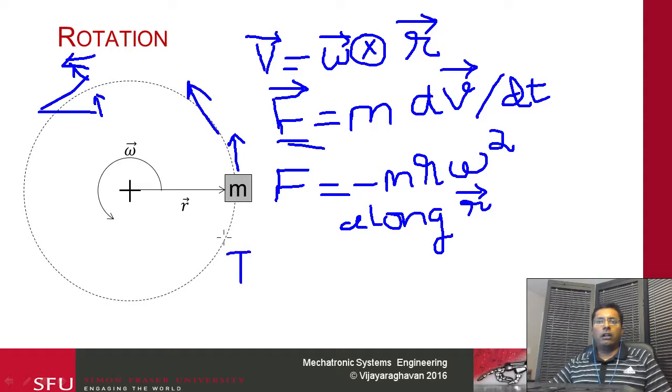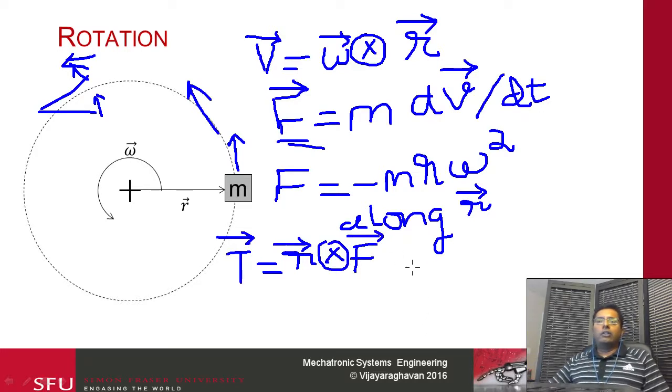If you recall, my torque is force times distance times cosine. But if you do a vector product, this becomes r cross F. I'm going to ignore the vector product, but you can do it properly in vector format.